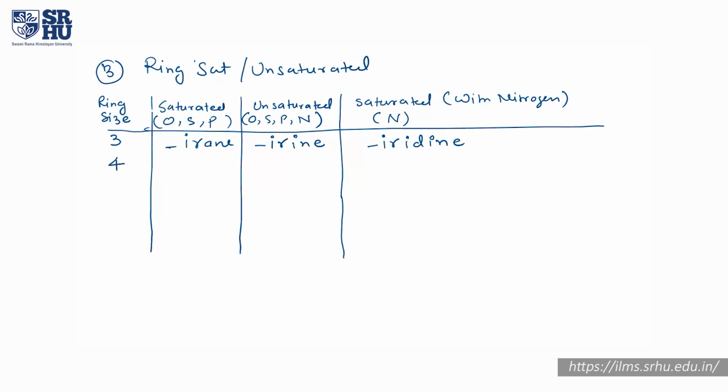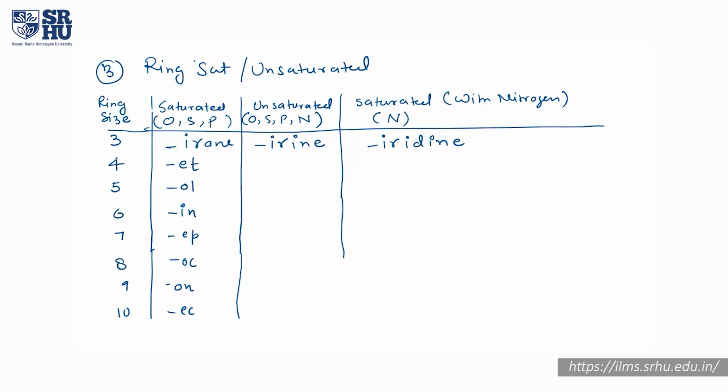Now coming to the ring size of 4 atoms, you know that for 4 we have to use et, for 5 you have to use ol, for 6 you have to use in, for 7 you have to use ep, for 8 you have to use oc, for 9 you have to use on, and for 10 you have to use ec.